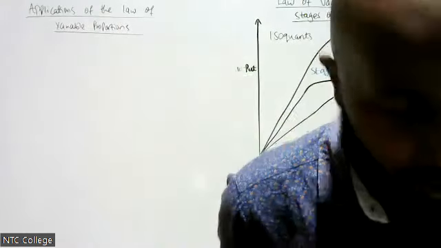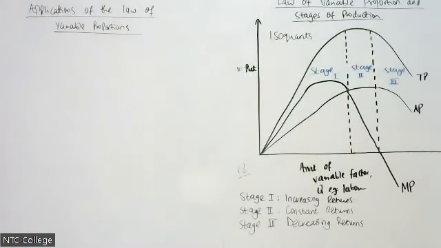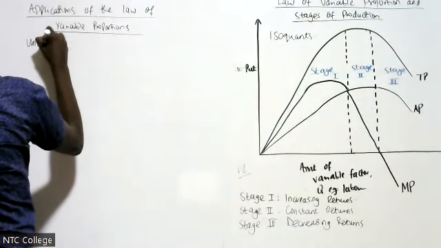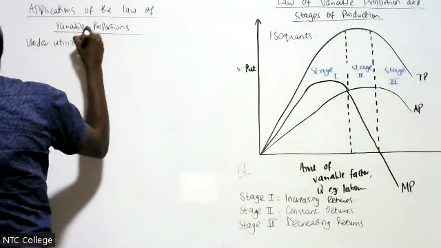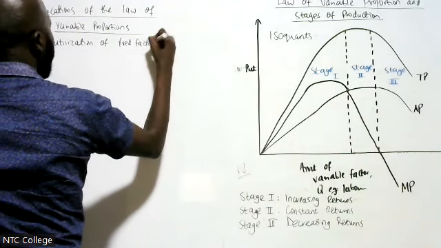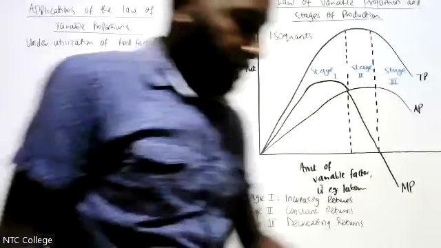So the first application area, number 1, it helps producers analyze the level of underutilization of fixed factors. That is the first application area.